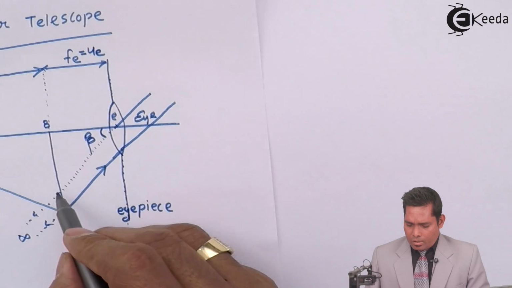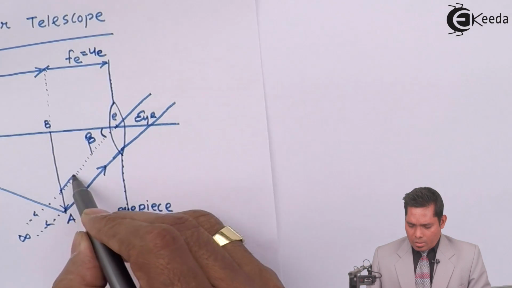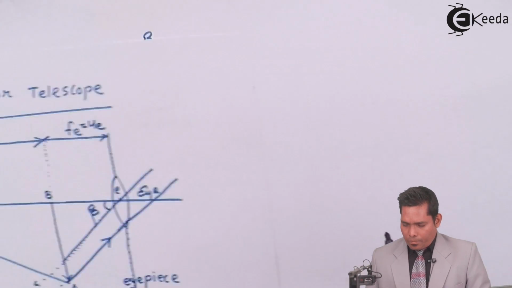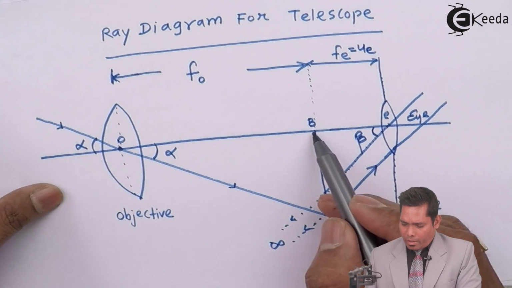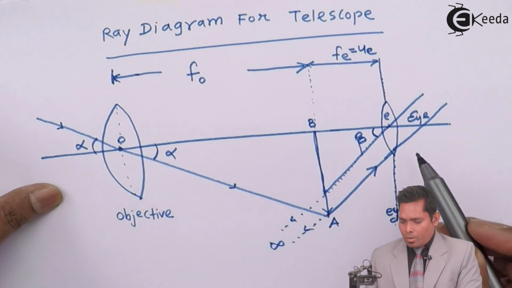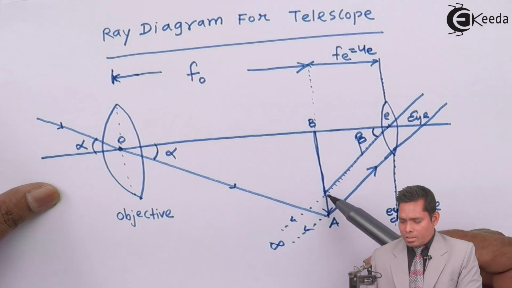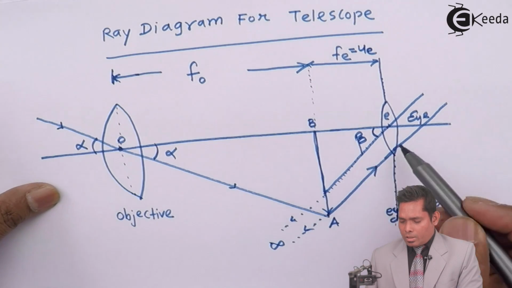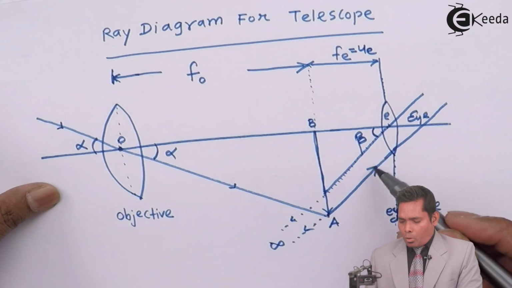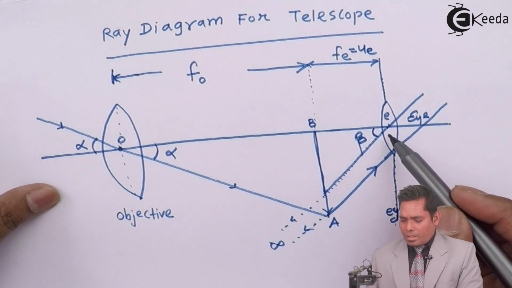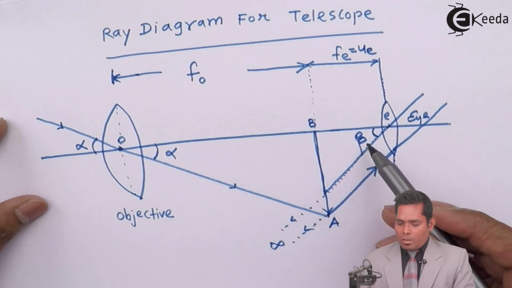In this triangle, because when they are parallel, I'll not consider that this ray and this ray are different, both of them, because this lens is very small.